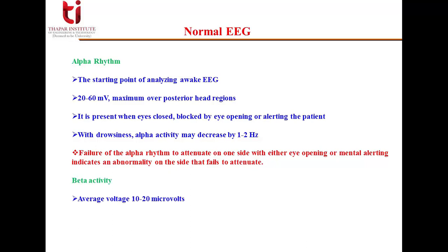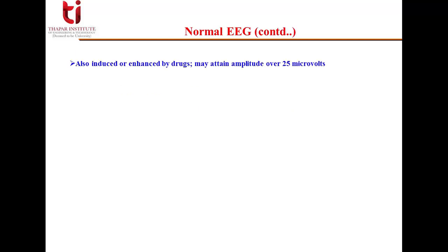Beta activity has an average voltage of 10 to 20 microvolts. It is predominantly over the anterior and central regions, and reacts to movement or touch. Also, it is induced or enhanced by drugs, and may attain amplitude over 25 microvolts. Often it is enhanced during drowsiness or in the presence of a skull defect.